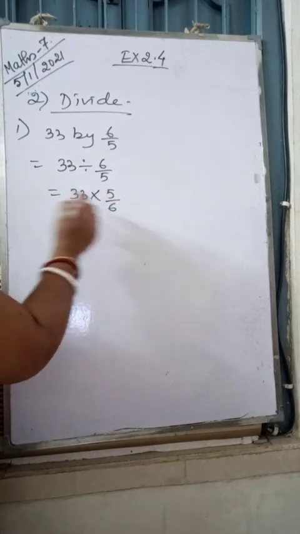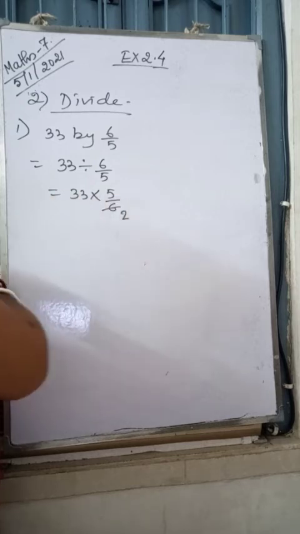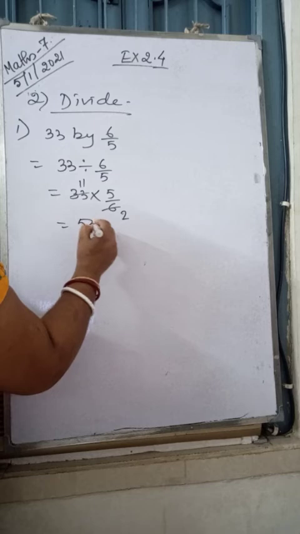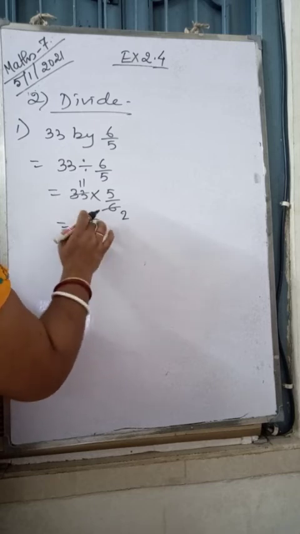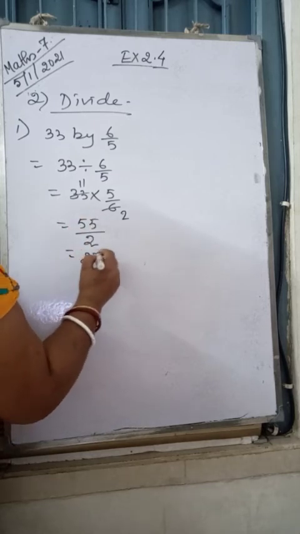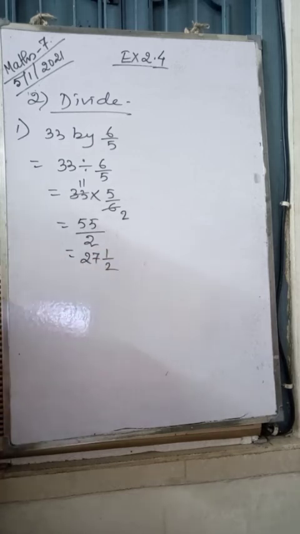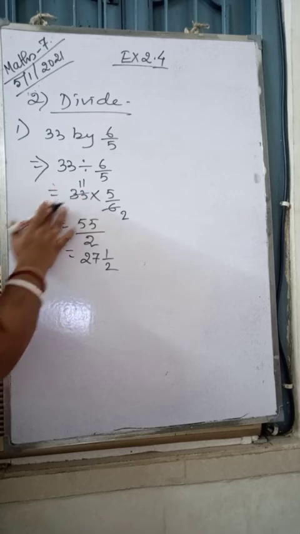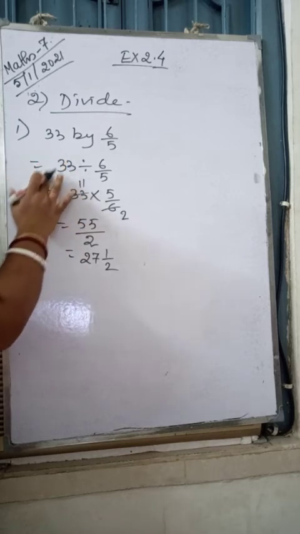If it is divisible, we'll divide. If it is reduced, we can. 3 2s are 6, 3 11s are 33. Or you get it 55 by 2. You can leave it as it is, or if you want, you can convert into mixed fraction. Do not give this sign. There are children who are using this sign. You should not.